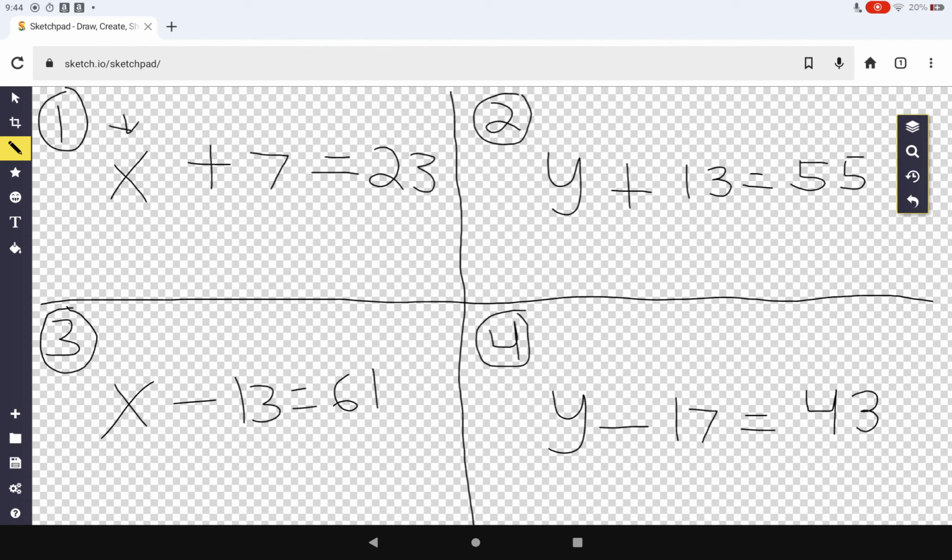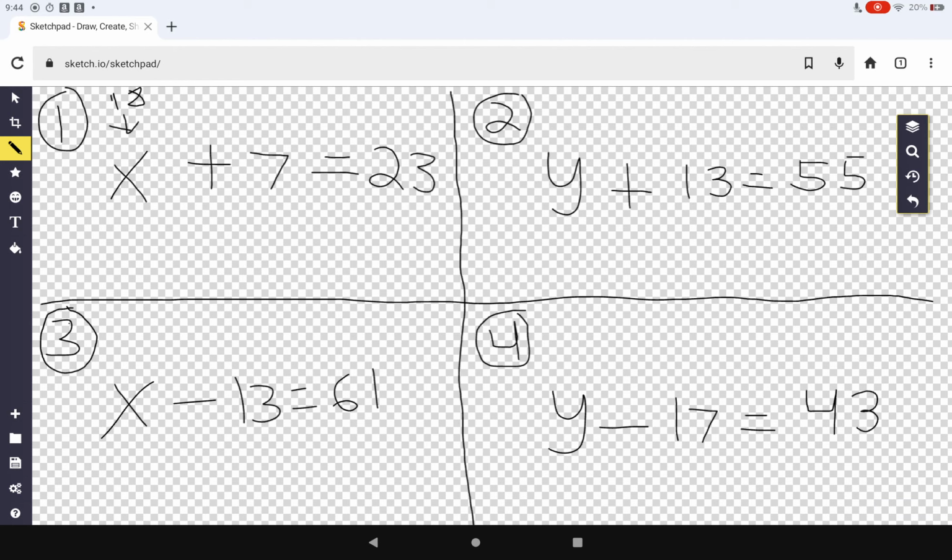If I have 18 plus 7, that is 25, and to the right of the equal sign it equals 23, and 23 is less than 25, so it can't be.